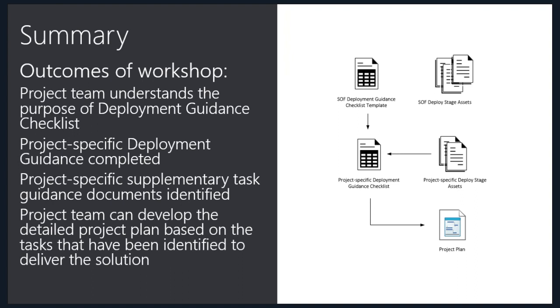By going through the checklist template and identifying available SOF assets that are relevant to the project, the project team is expected to be able to come out with a customized project-specific deployment guidance checklist and collect all the SOF deploy stage assets that will be beneficial for the solution deployment.